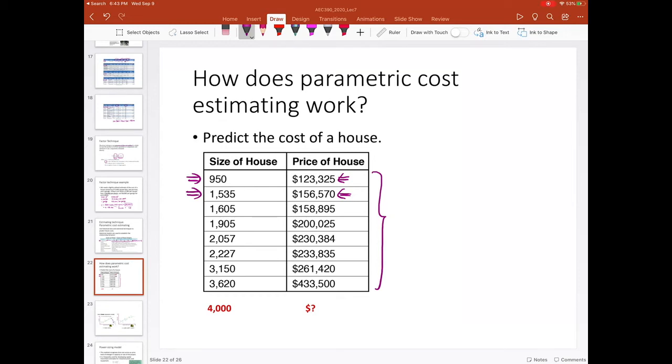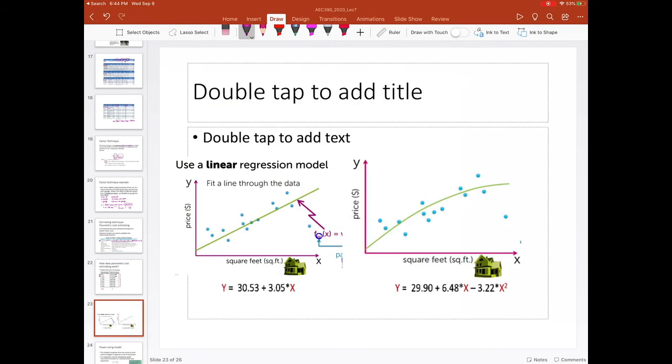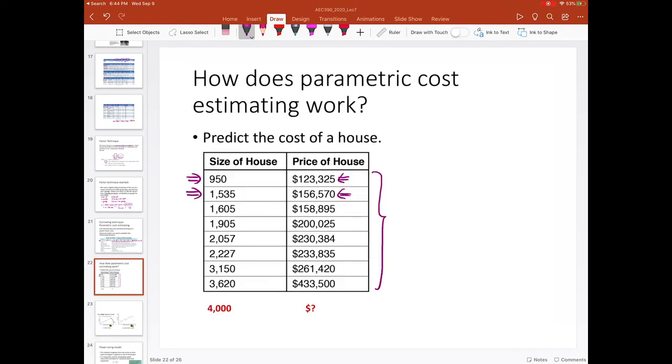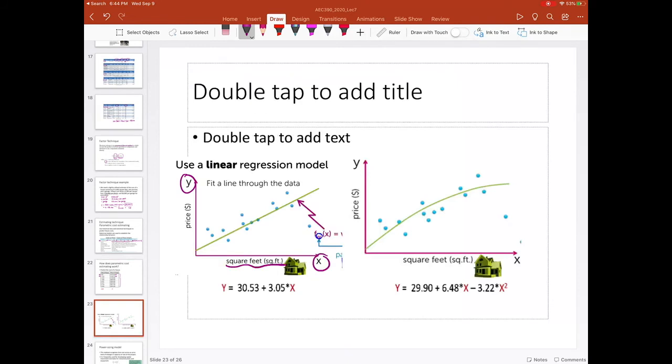What's the price? So the way we do that is we can plot these different cases on this chart. So the X is going to be the square feet of the house, and the Y is going to be the price, right? So you just put these pairs on this chart, and then you have these blue dots.